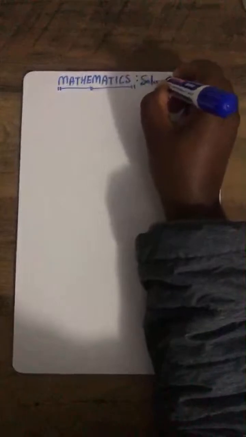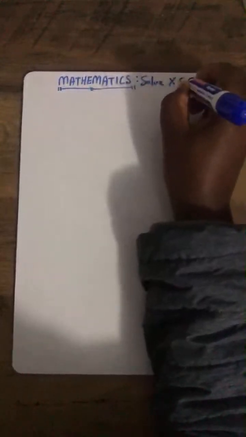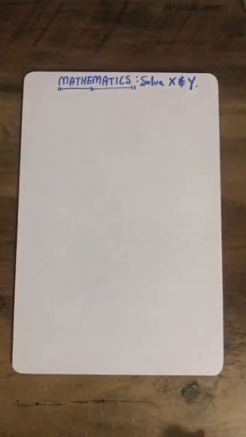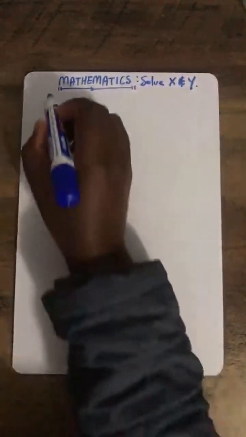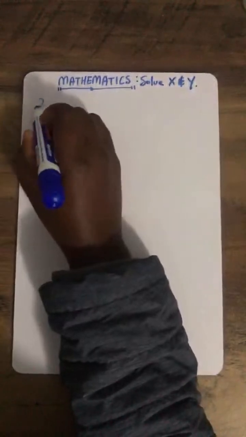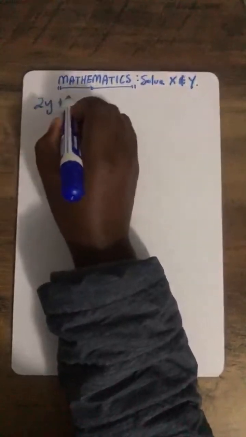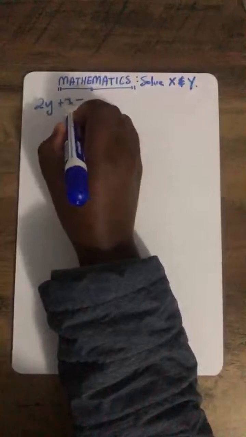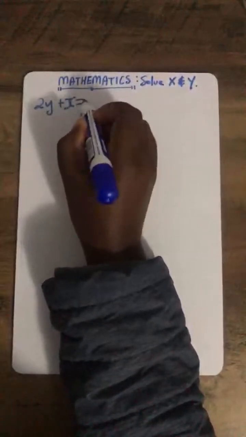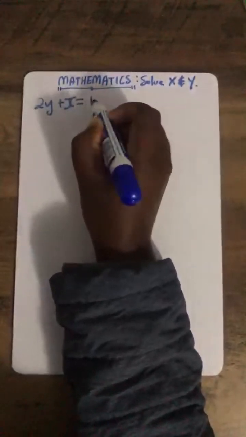Let me just write there: solve X and Y simultaneously. I'm going to start with 2x added to x... sorry, 2x plus y equals 1.